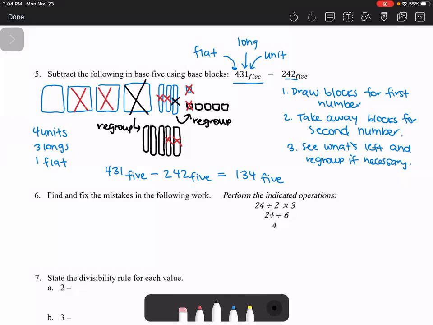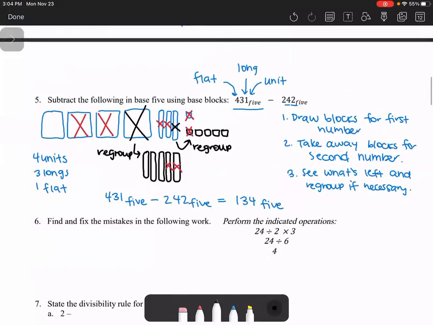Okay, one other thing I want to say about using base blocks, because this is the only base block question on the review, is that if you use base blocks with decimals, you have to do something special. You have to specify what block represents 1.